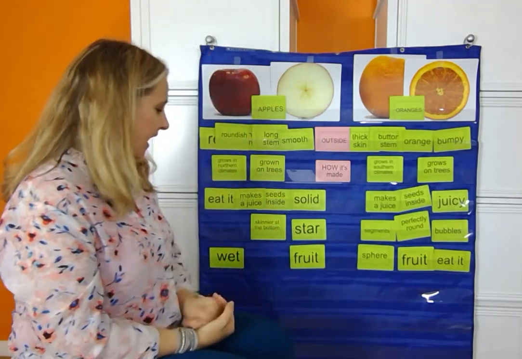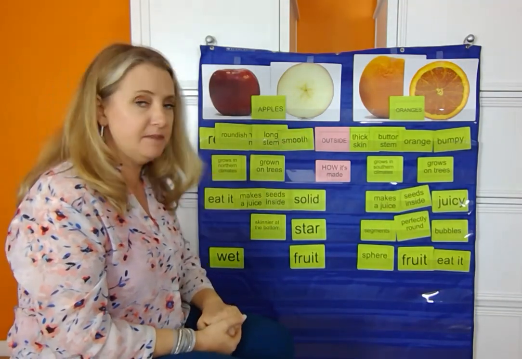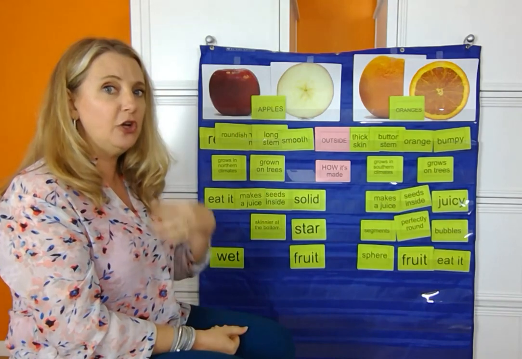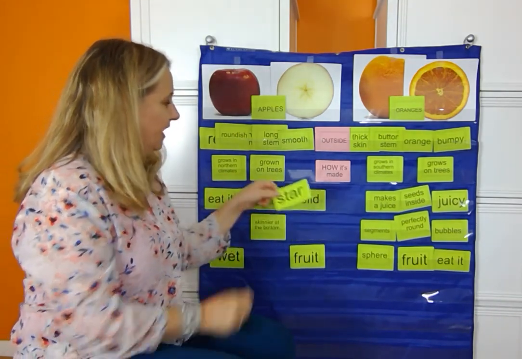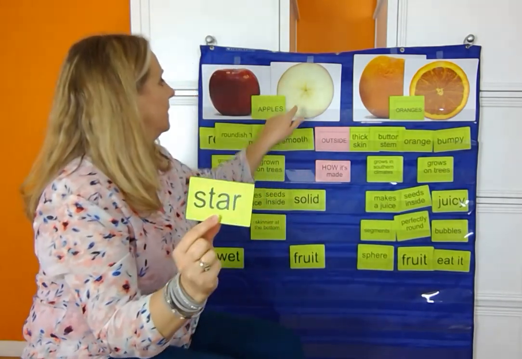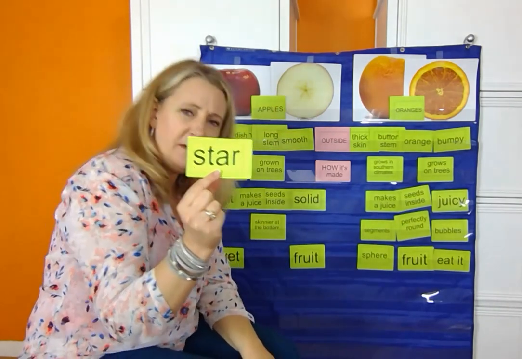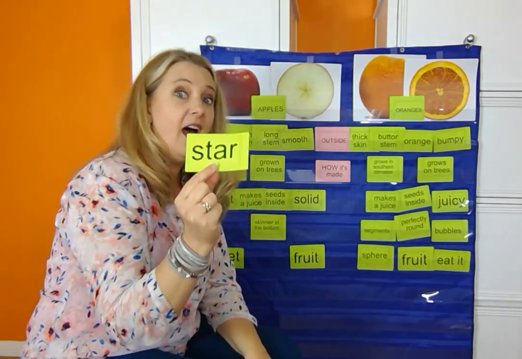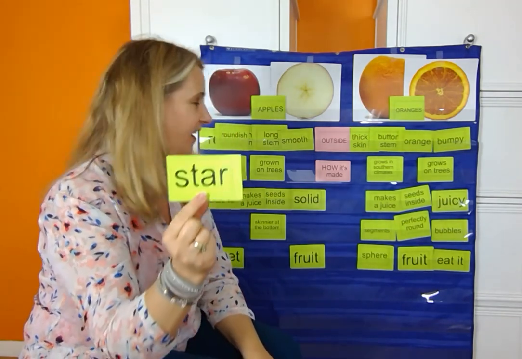So we still have all of these left, and I would like for you to help me, okay? Let's see. We've got outside, and we've got how it's made. So now we need to look for a new grouping. But this is kind of intriguing. This part, star, you see the star we mentioned right there? Where do we find that? On the inside, did you say?